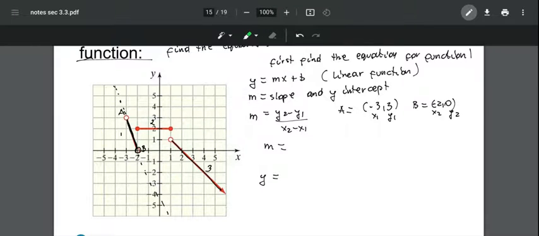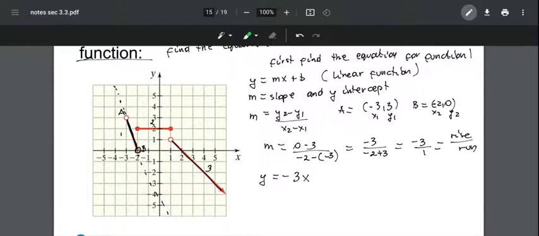It was (-2, 0). So y2 minus y1, we have 0 minus 3 divided by x2 minus x1, so -2 minus -3. So we have -3 divided by -2 plus 3, which is -3 divided by 1. That's our slope, rise over run. So to find the y-intercept, our function will be -3x plus b, where b is the y-intercept, and I'm going to use the slope.